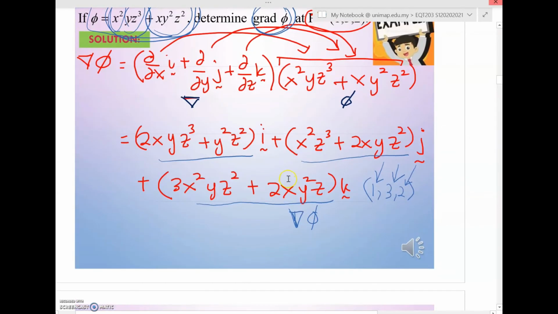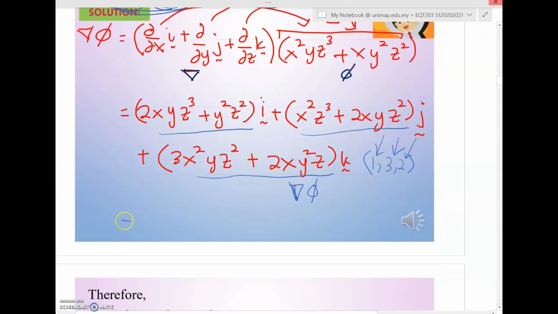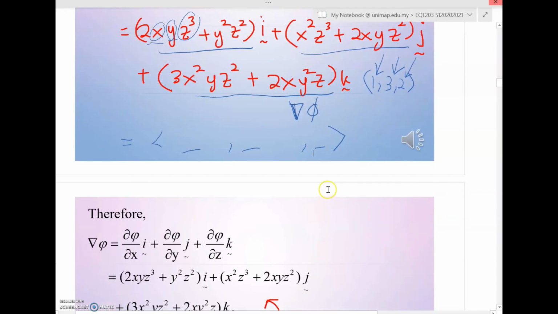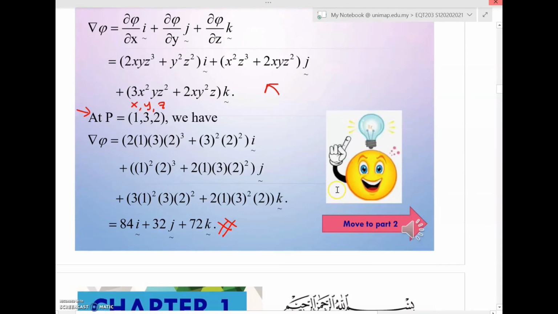Therefore, you will get specific values of i, j and k. So substitute: x equals 1, y is 3, z equals 2. So 2 cube multiplied by the rest of the numbers so that you have a specific value. So that is the solution after you substitute the value of P equals (1, 3, 2).